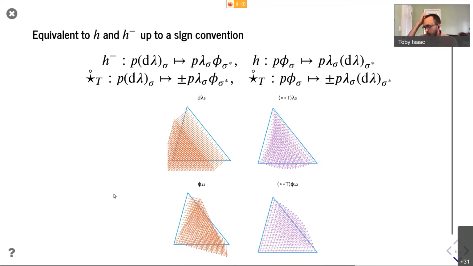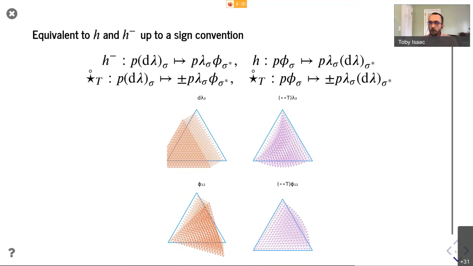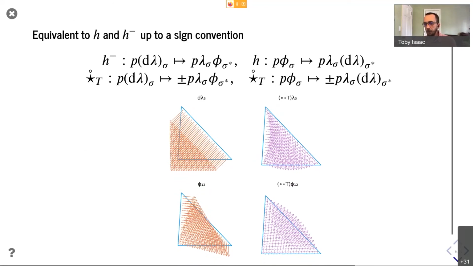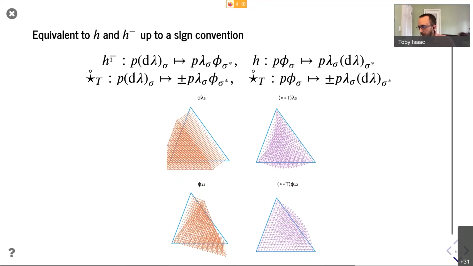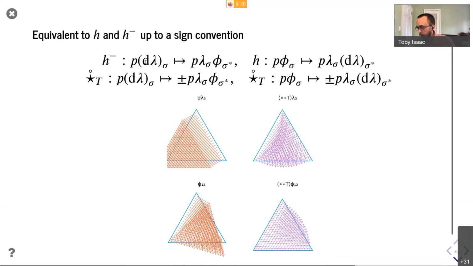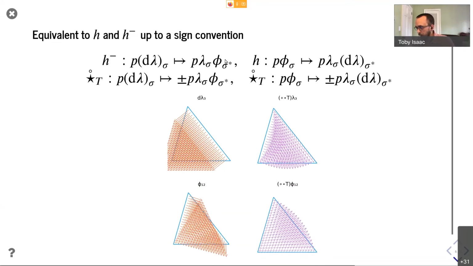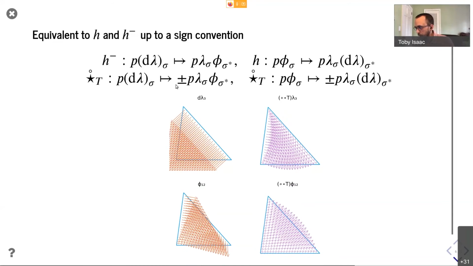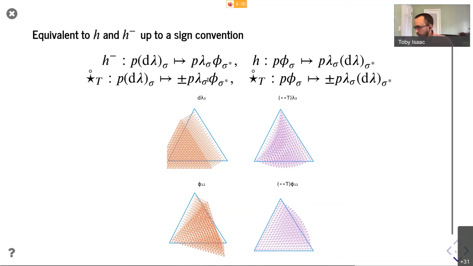So it turns out that this operator is essentially equivalent to those two operators that were shown as distinct in the original representation. So H minus took a barycentric form to a bubble Whitney form, and it turns out that ring star does too, with just a difference in the sign convention.